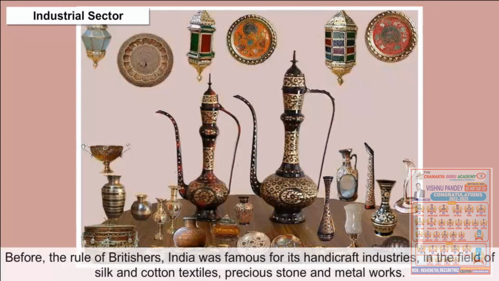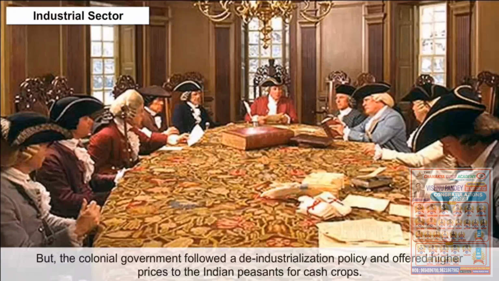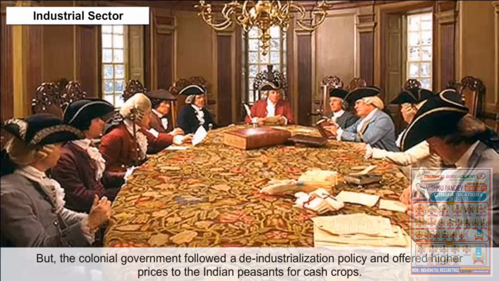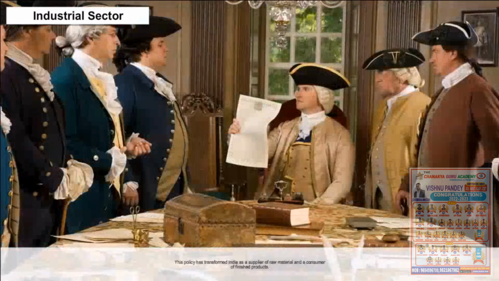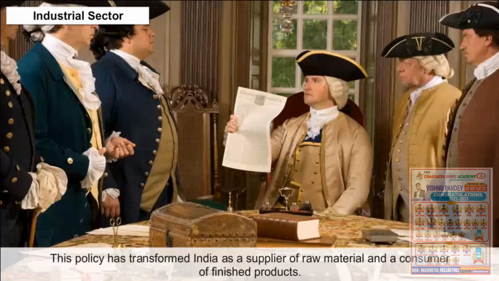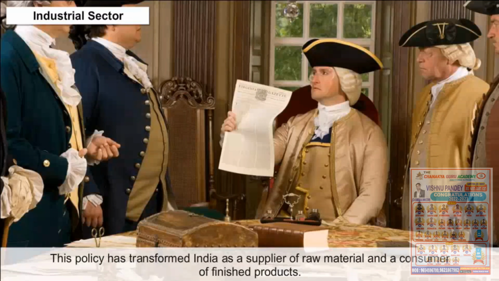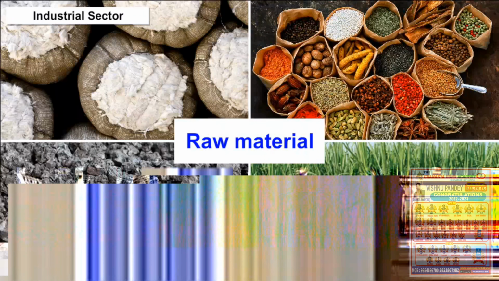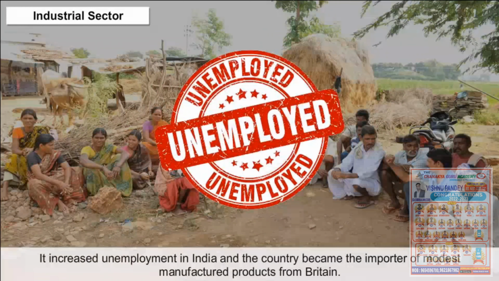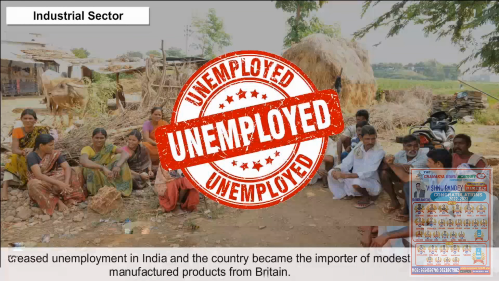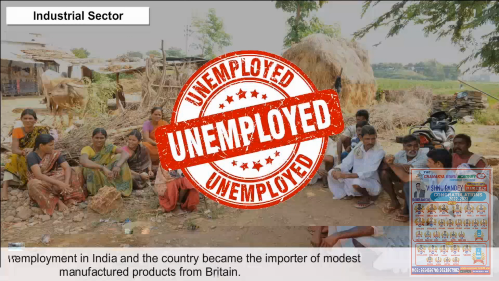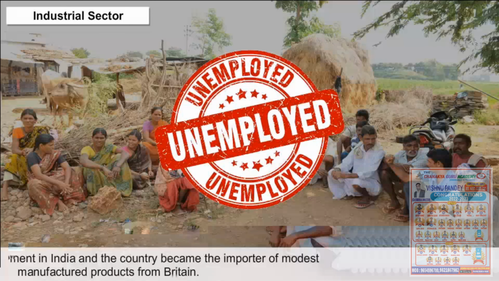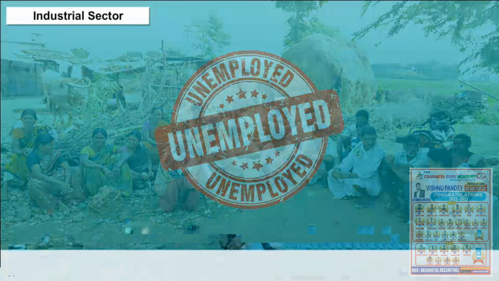But the colonial government followed a deindustrialization policy and offered higher prices to the Indian peasants for cash crops. This policy transformed India into a supplier of raw material and a consumer of finished products. It increased unemployment in India, and the country became the importer of modest manufactured products from Britain.